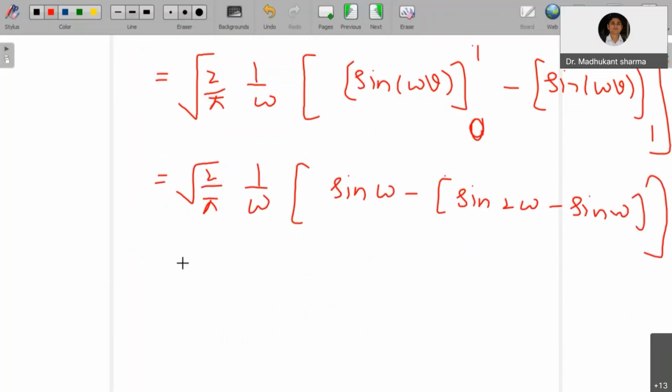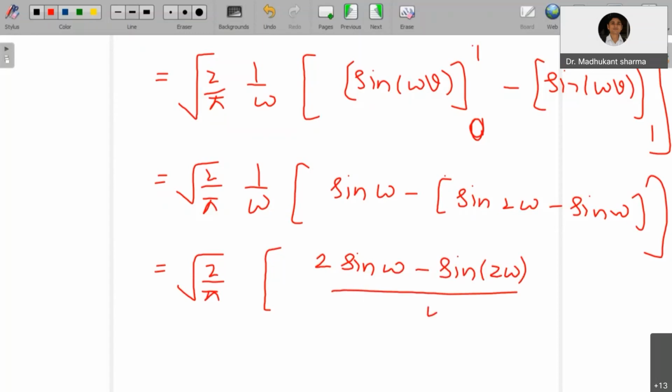This equals square root of 2 by pi times 2 sine w minus sine 2w, divided by w. Now you can further solve it: write sine 2w as 2 sine w times cos w, take 2 sine w out, and have 1 minus cos w inside, and then you can rewrite it as 2 sine square w by 2.